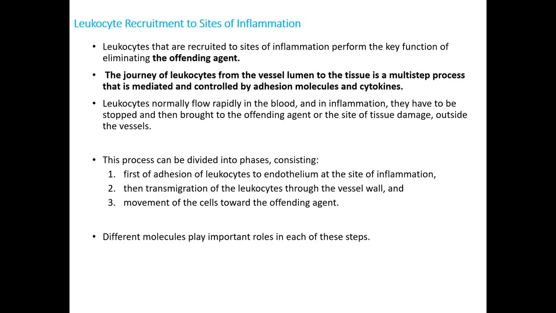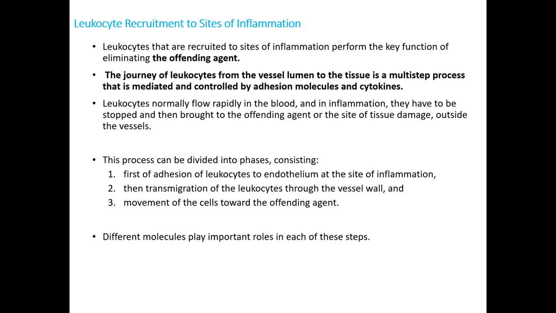So this process of how the leukocyte is brought from the intravascular to the extravascular space is divided into phases consisting of: number 1, first, adhesion of the leukocyte to the endothelium. The leukocyte is passing axially, in the center of the blood vessel, in the bloodstream, and rapidly.